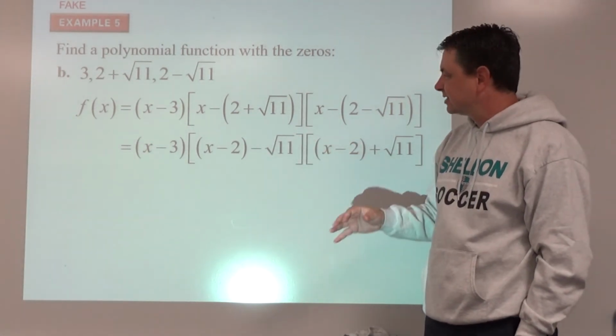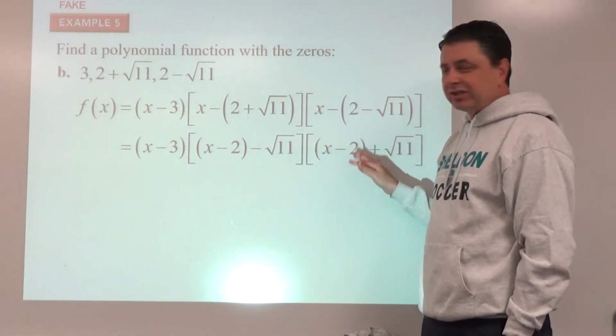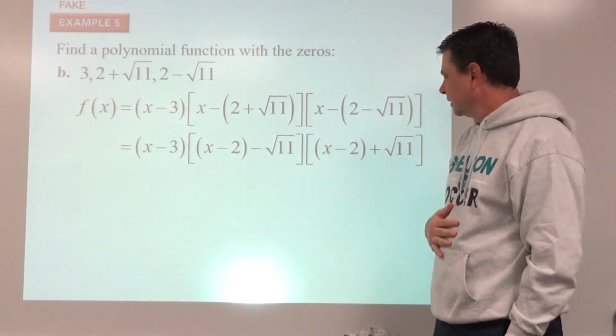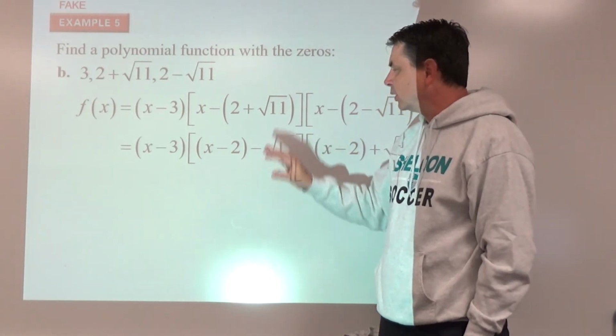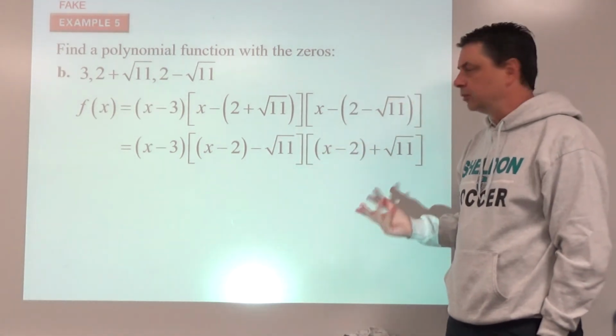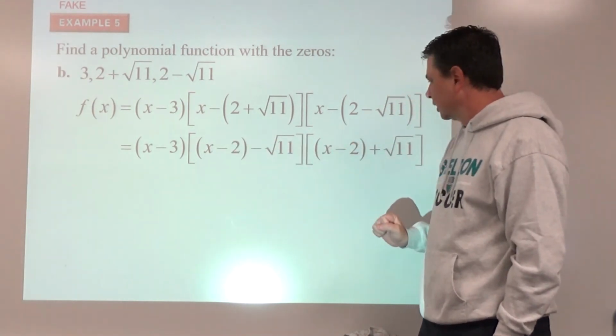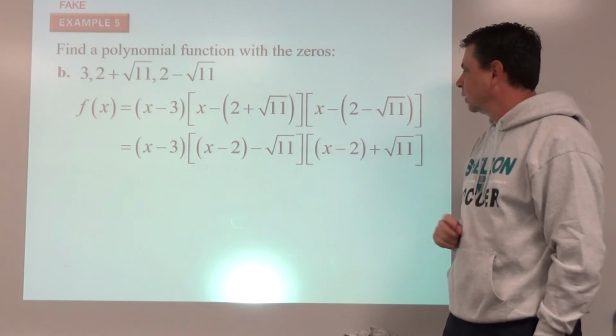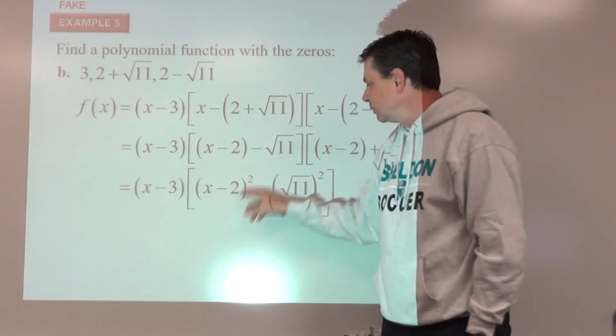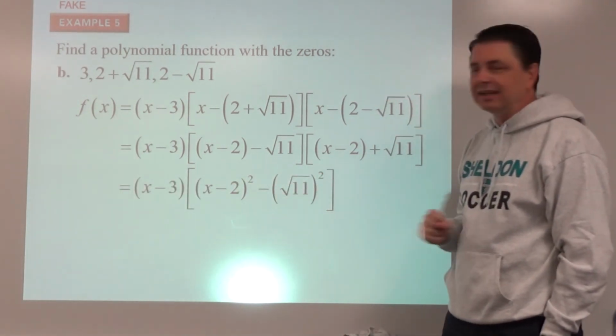Instead of having to do this with 3 terms and 3 terms where it would be a little bit challenging, we could say, all right, it's a difference of 2 squares. I know it's going to be an a squared minus b squared model. This squared, negative times positive, minus this squared. So we're talking about x minus 2 squared minus the square root of 11 squared.